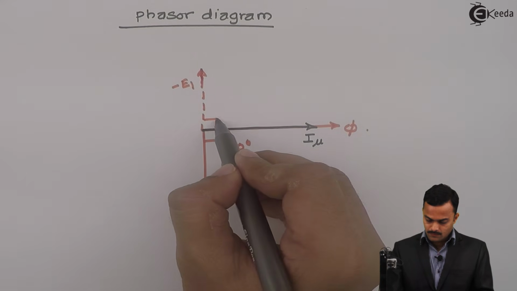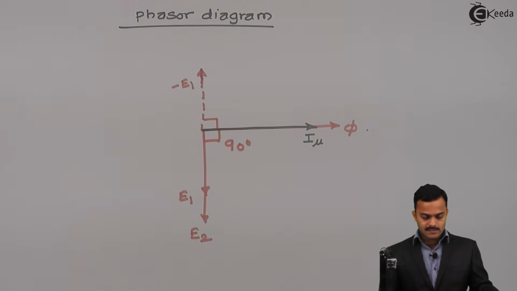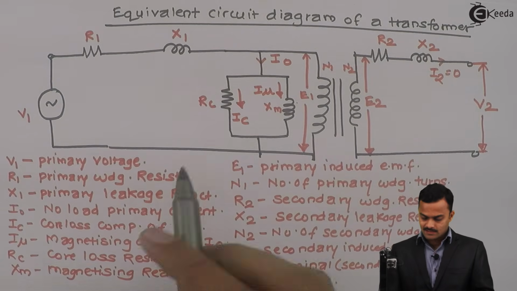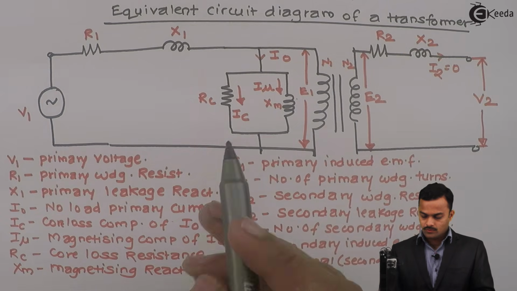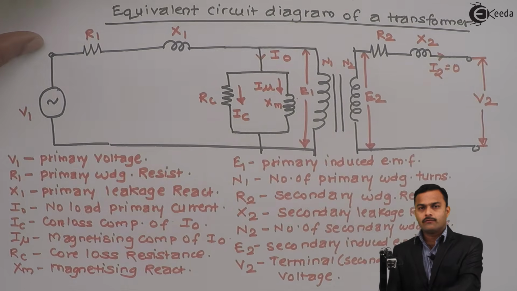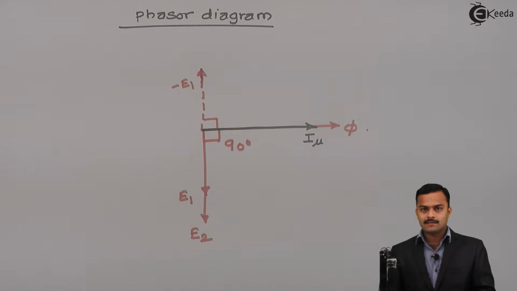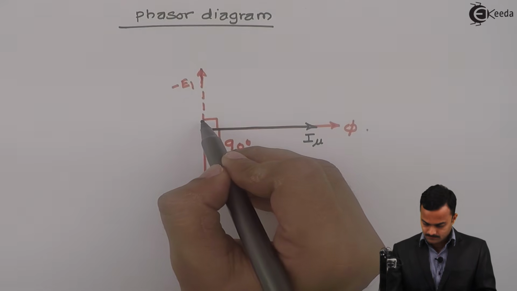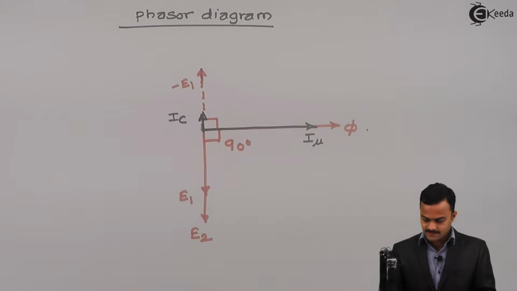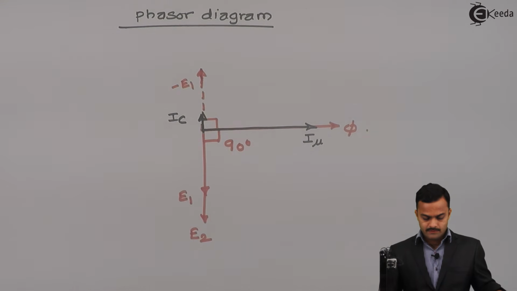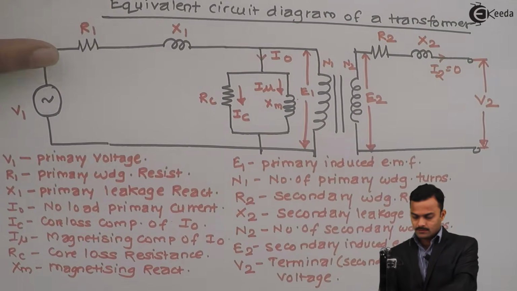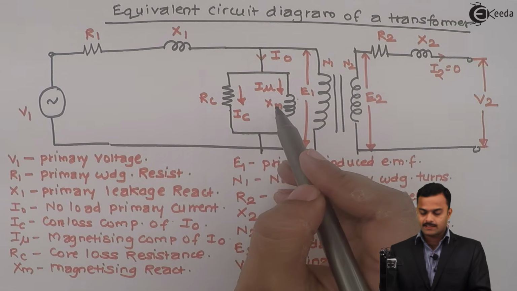Now this minus E1 is the voltage across this resistance RC. So IC will be in phase with minus E1, because for a pure resistance voltage and current are in phase. So this will be IC, and we have seen that I0 is the no load primary current, which is nothing but the addition of IC and I mu.